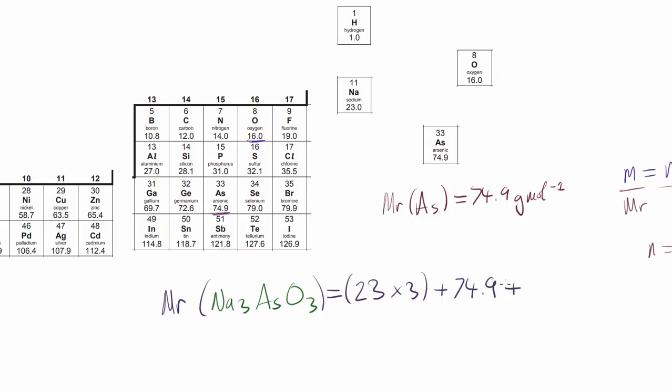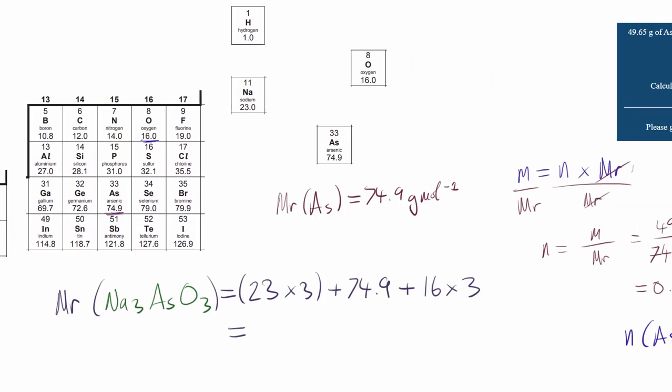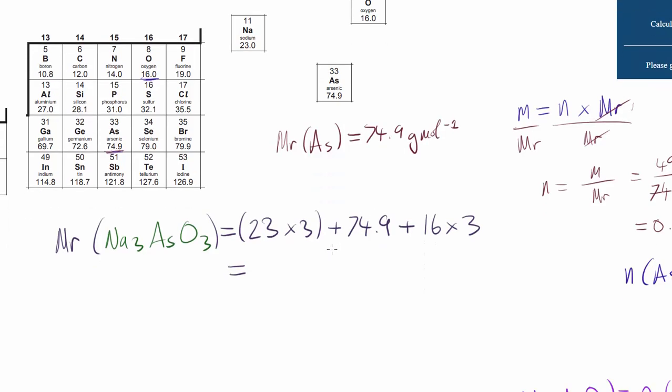I'm just writing this as 74.9 because otherwise I would have been writing 74.9 times 1, which is the same thing, right? Plus, and that's going to be added to what relates to oxygen, which is 16 multiplied by 3, okay? And I would invite you to have a go and work out what that is.